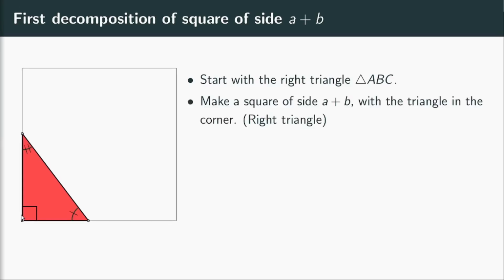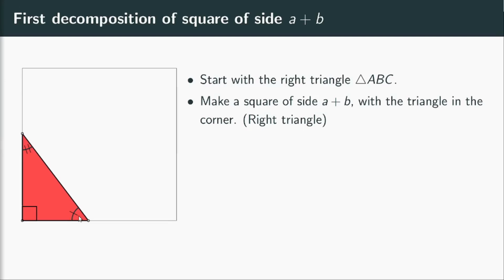Now I build a square of side a plus b, and I make sure that my triangle is in the corner. I've labeled the right angle and the other angles, whatever they might be.